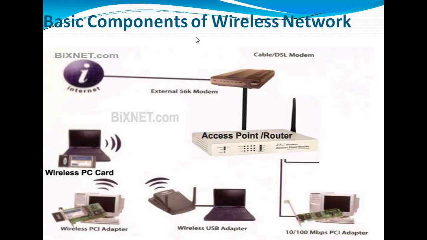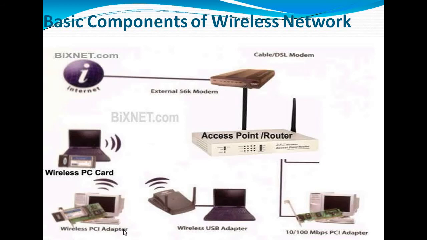So here are the basic components of a wireless network. You can see here cable, DSL modem, how it connects with the access point router, and here you can see a PCI adapter, how it is also connected with the access point router, and here you can see a wireless USB adapter connected with a computer.